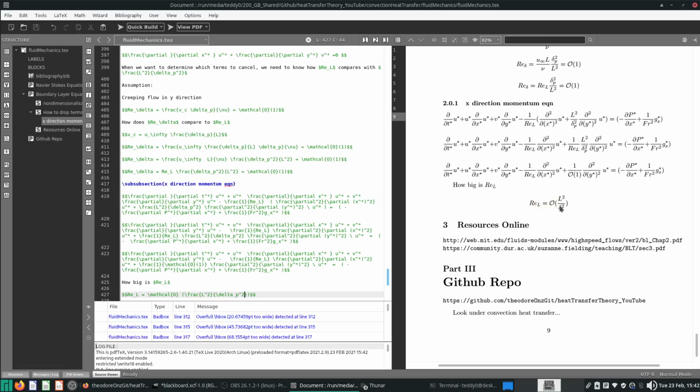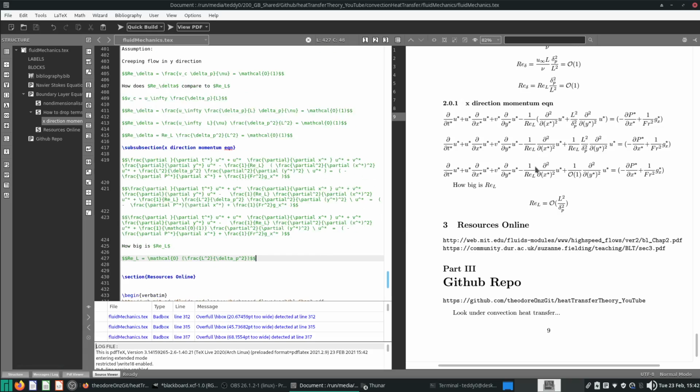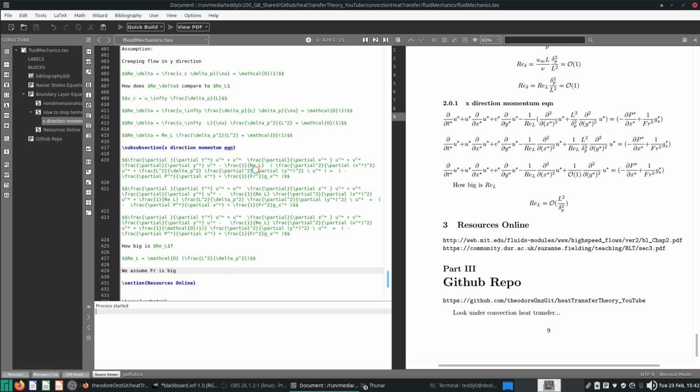And this is pretty big. So REL is pretty big. Since REL is big, we can just neglect this term. And the Froude number is big, we also assume. Which means that the inertial forces are much bigger than the gravity forces.